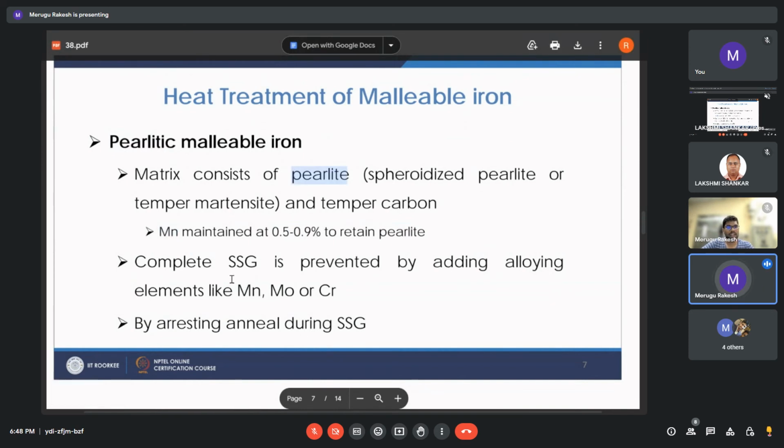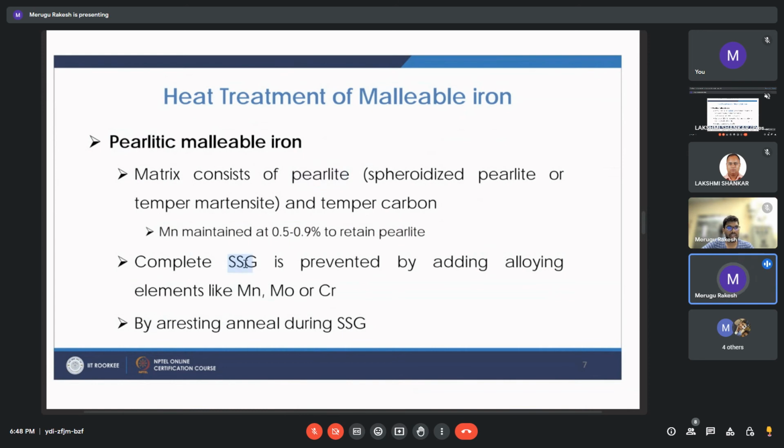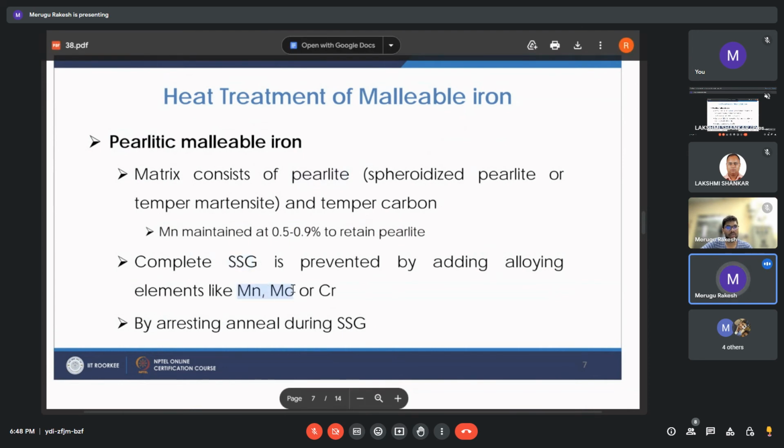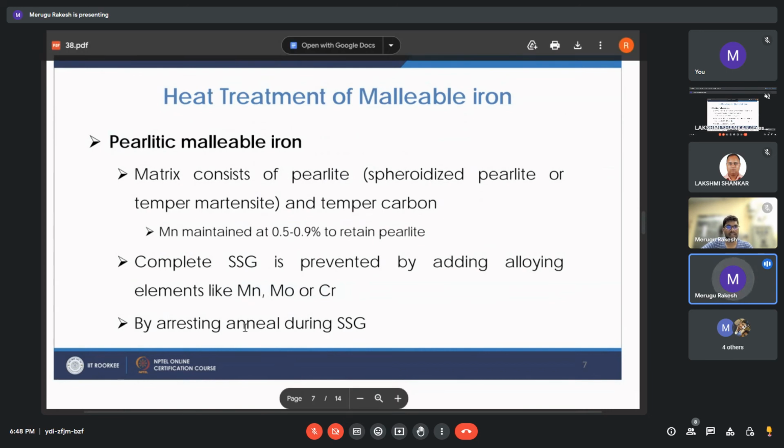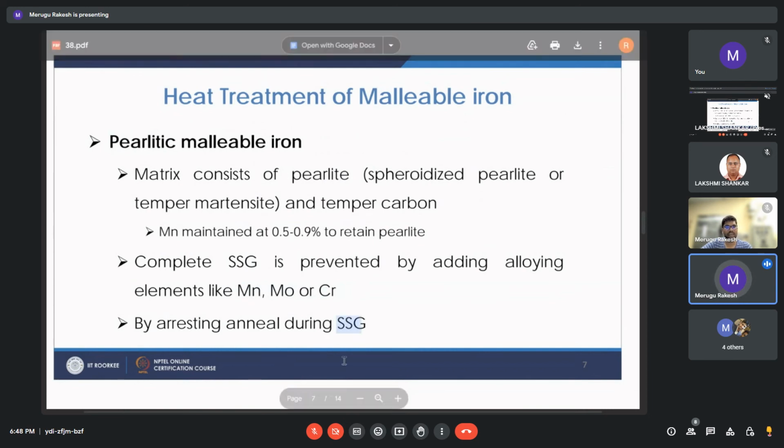Then, complete SSG, the second stage graphitization, is prevented by adding alloying elements such as magnesium, molybdenum, chromium, so that it remains in the pearlitic stage itself. It will not convert into graphite. It stays in pearlite by adding magnesium, molybdenum, or cerium. That is what we are arresting during the second stage of graphitization.